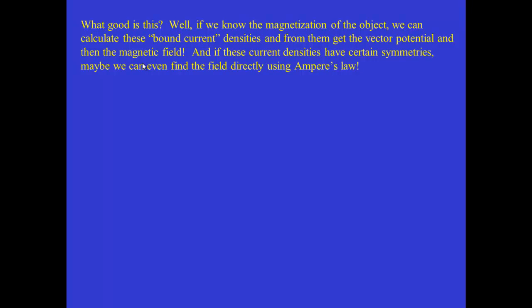But even better, if these bound current densities, J_b and K_b, have certain symmetries, then we can often directly find the magnetic field using Ampere's law. And if that's the case, we don't even have to calculate the vector potential at all.